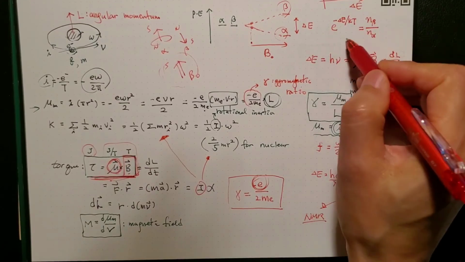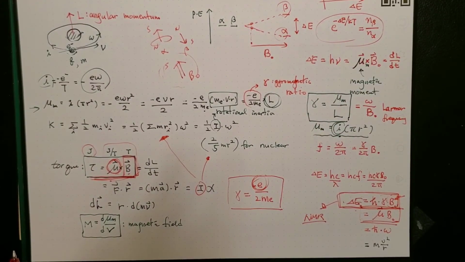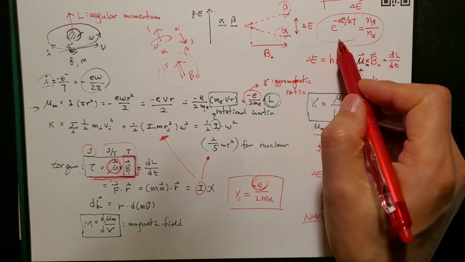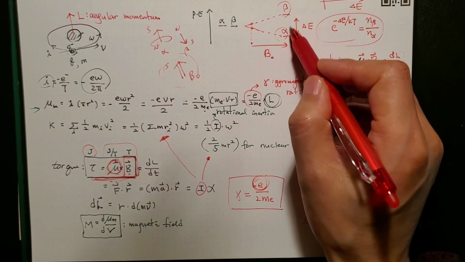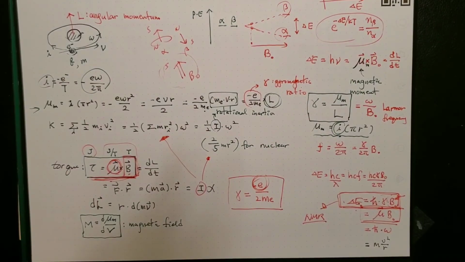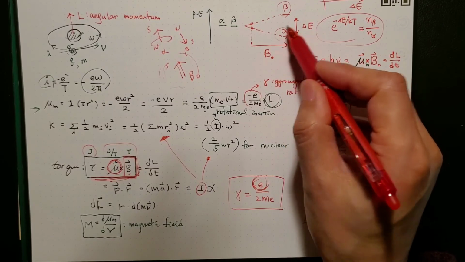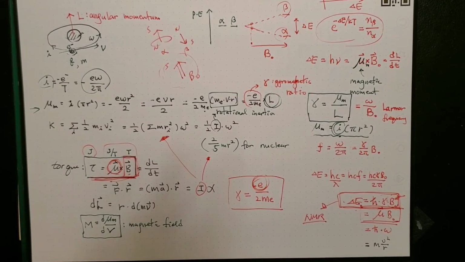Then using this equation, you can calculate the population. What it means is basically the more energy gap you have here, you get a lot more alpha, the more stable state than the beta.